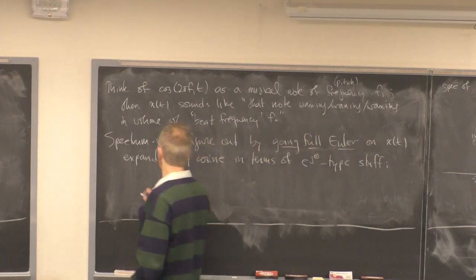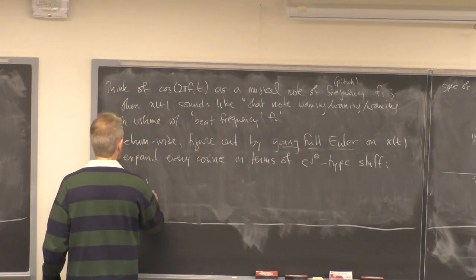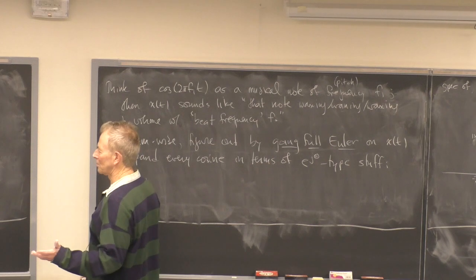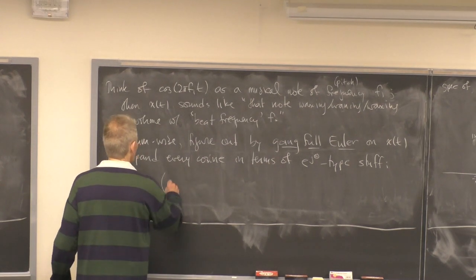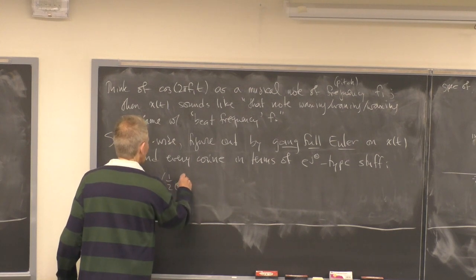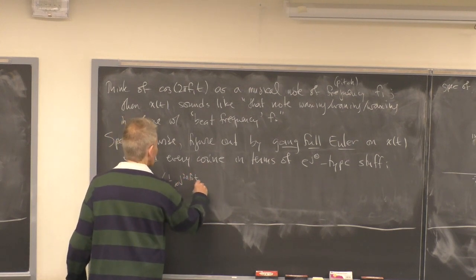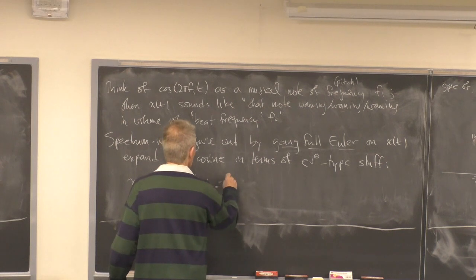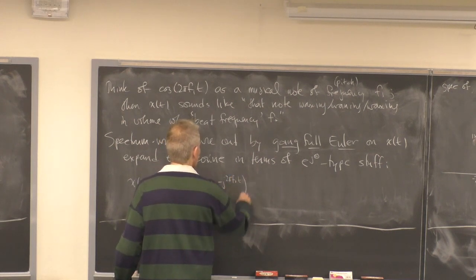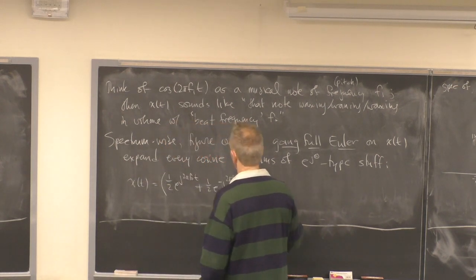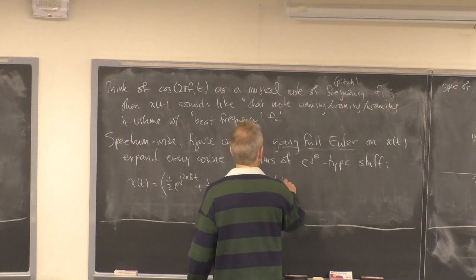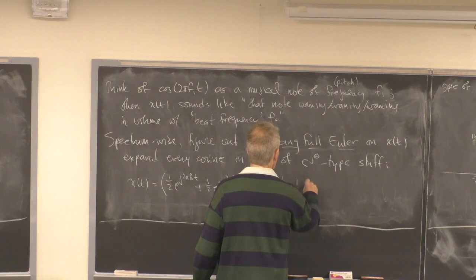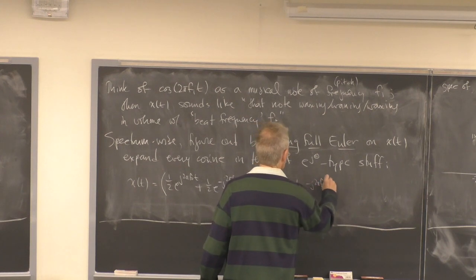So x of t equals, what is the first term? The first term is cosine 2 pi f0 t. That's the same as 1/2 e to the j 2 pi f0 t plus 1/2 e to the minus j 2 pi f0 t. And the second term is 1/2 e to the j 2 pi f1 t plus 1/2 e to the minus j 2 pi f1 t.